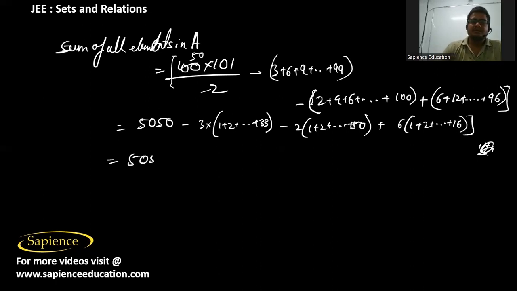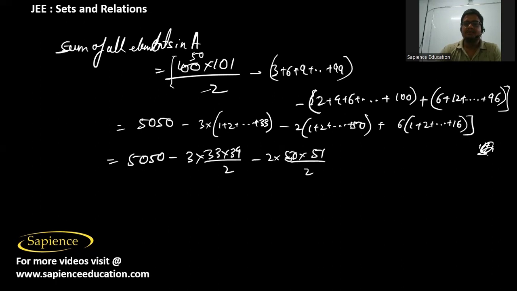So this is 5050 minus 3 into 33 into 34 by 2, minus 2 into 50 into 51 by 2, plus 6 into 16 into 17 by 2. So 2 and 2 will cancel out. 2 17s are 34, 2 3s are 6.